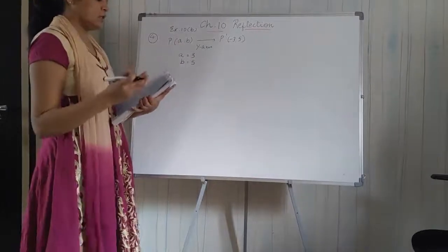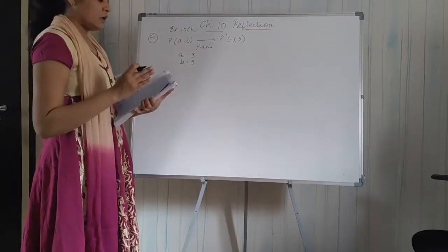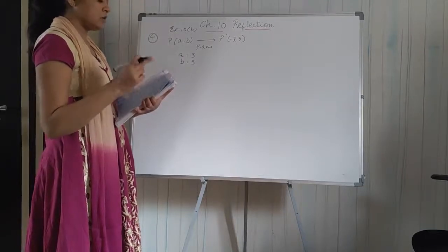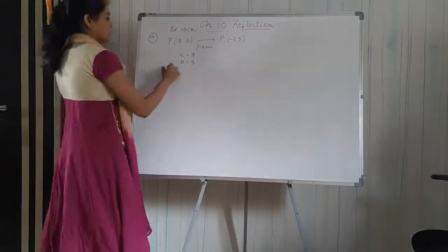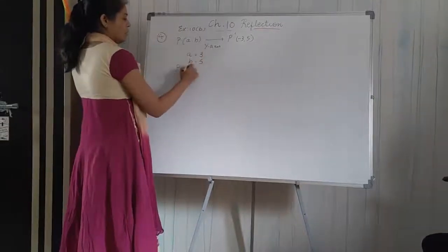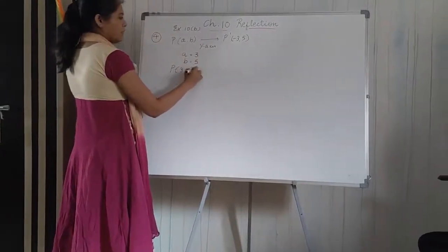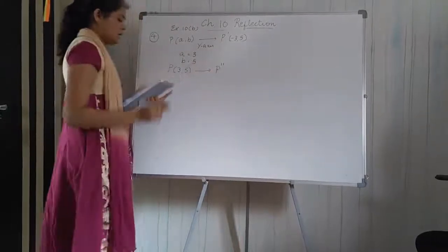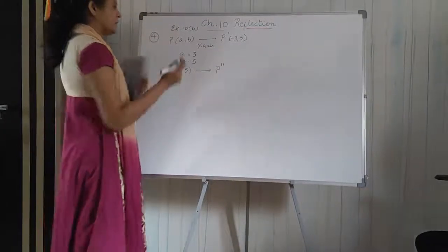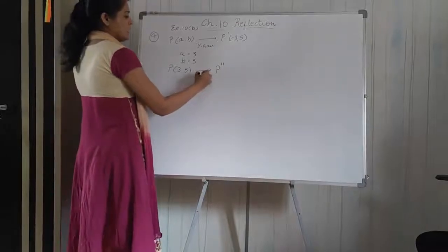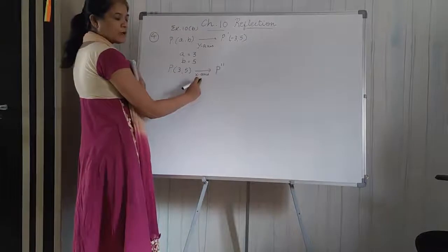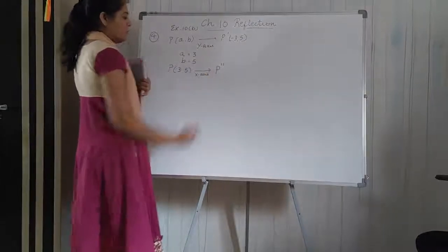Further, the question says to write down the values of a and b, and P' is the image of P. So now I know P is (3, 5), and its image is P'' under reflection in the x-axis. So this is our x-axis, you can see. P(3, 5) in the x-axis is changed to P''.